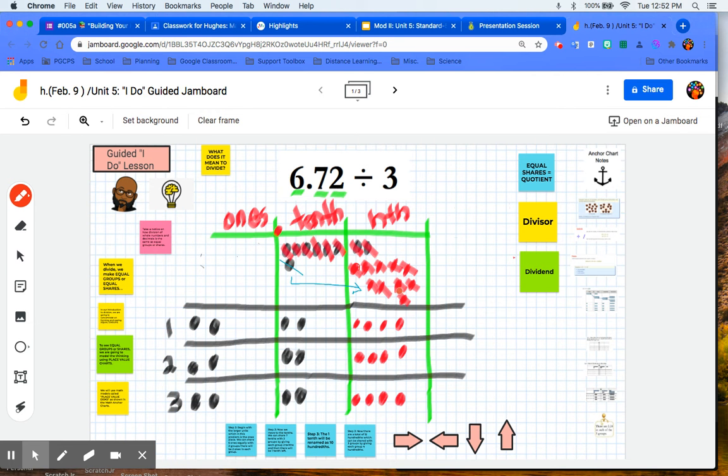None were left over. So now I have equal shares for group 1, equal shares for group 2, and equal shares for group 3.